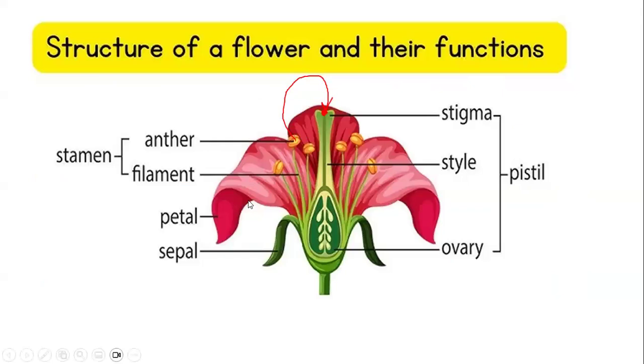So self-pollination is when the pollen from the same plant arrives on the stigma of the same flower. That's self-pollination. How does the pollen grain get there? Number one, the wind.